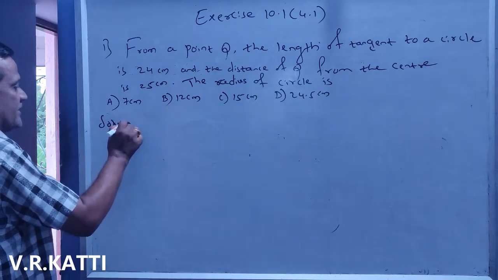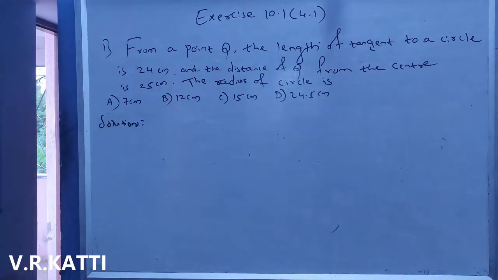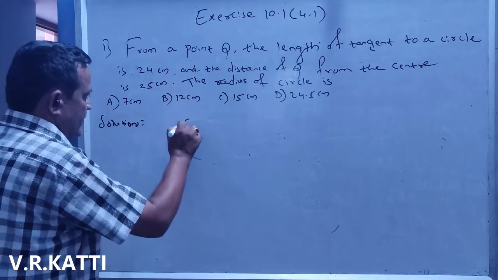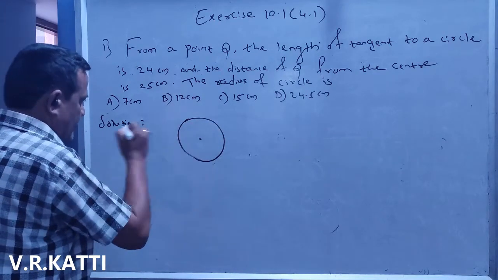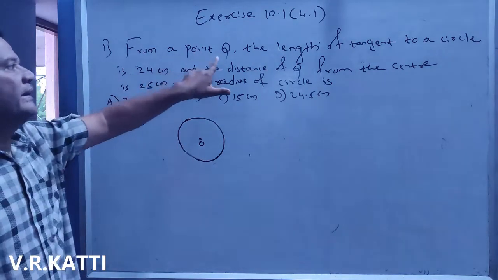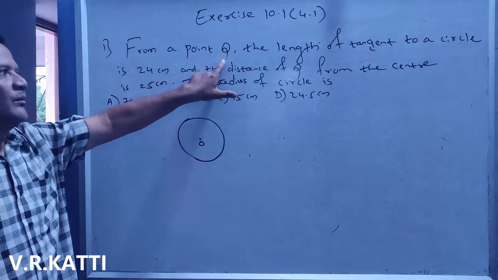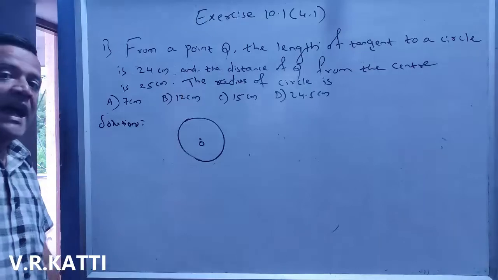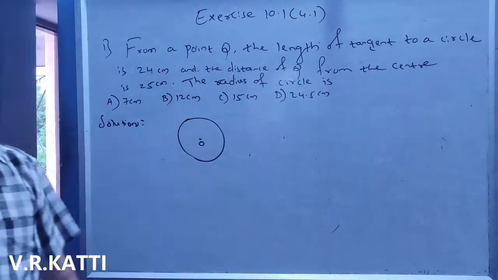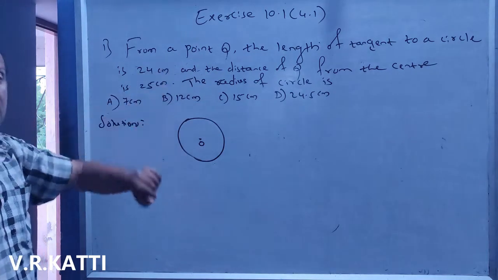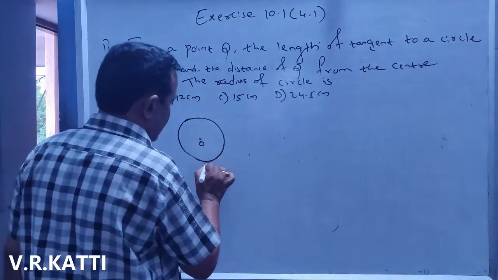Here four options are given, students. You have to choose the option and justify the answer. So draw a circle with center O. Here, from a point Q is given. From a point Q means Q is an external point. If it were at Q, then Q would be the point of contact. So Q is an external point.